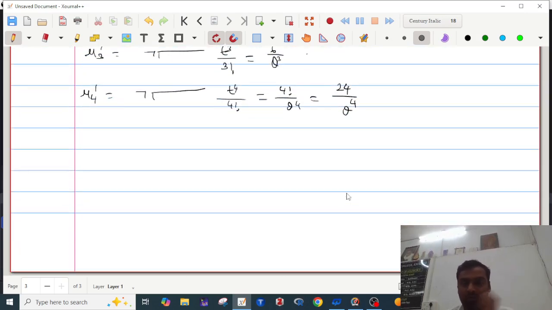Now the next is cumulants, that is CGF. The full form is cumulant generating function.